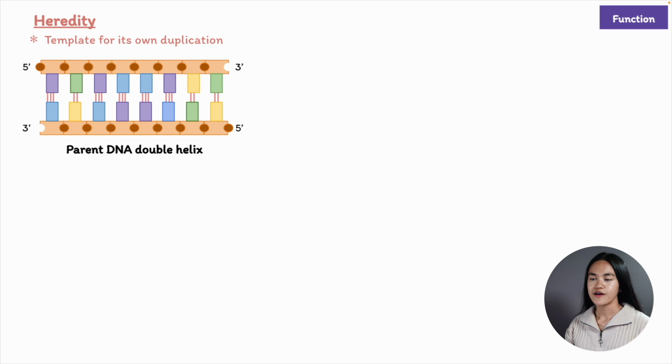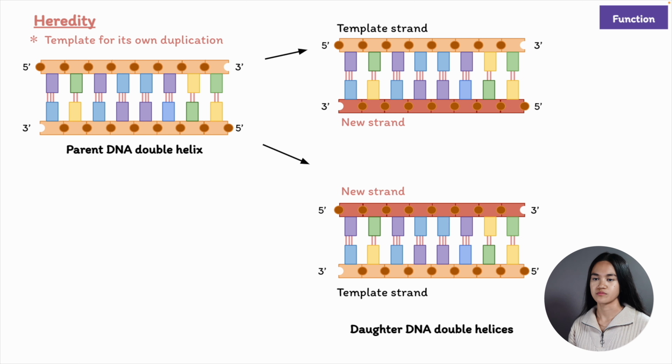For example, if we have a parental DNA double helix here, both of these strands can serve as a template for its own duplication, producing daughter DNA double helices. The ability of these DNA strands to act as a template allows a cell to replicate its genome before passing it to the next generation. Gorgeous process. And we're going to cover this in detail in the DNA replication lecture. I'm pumped for that one.